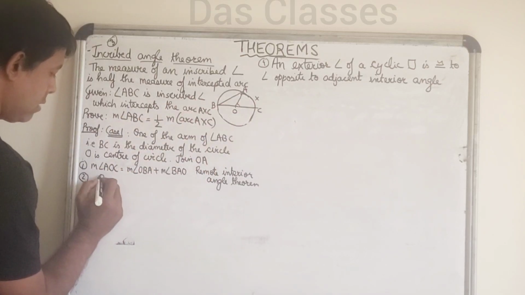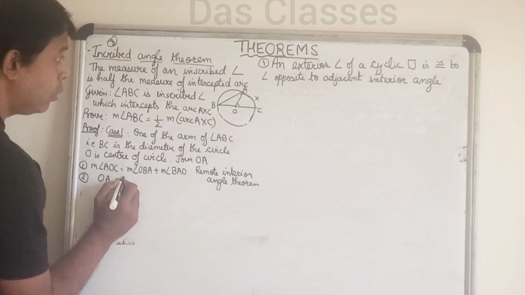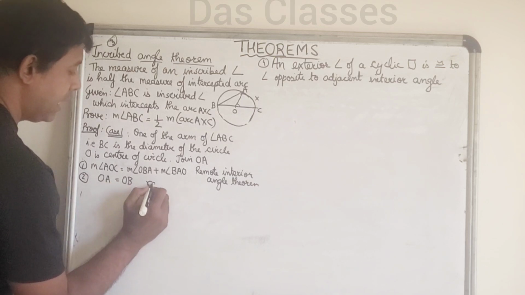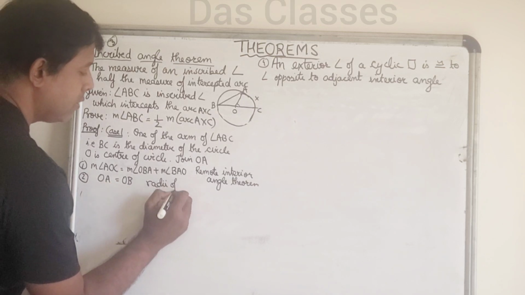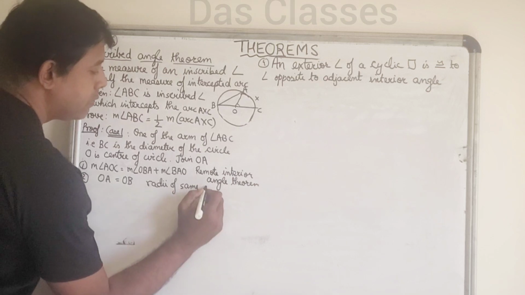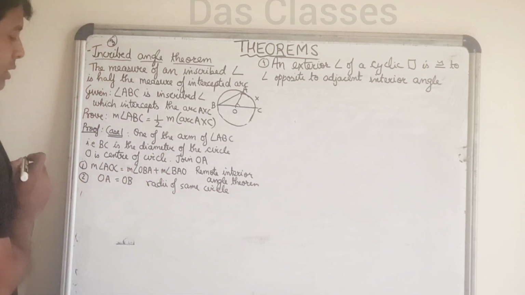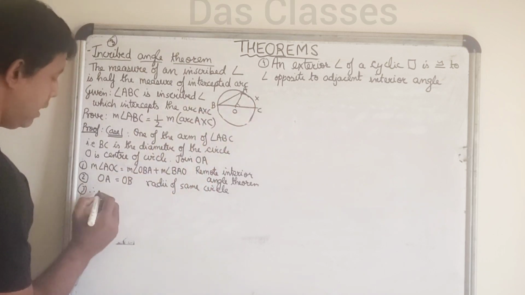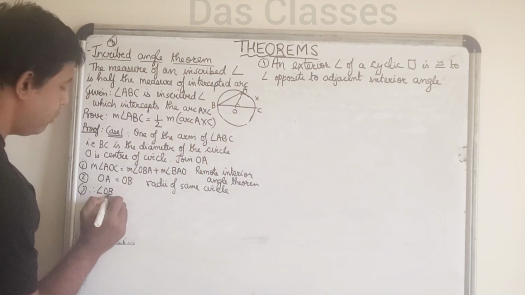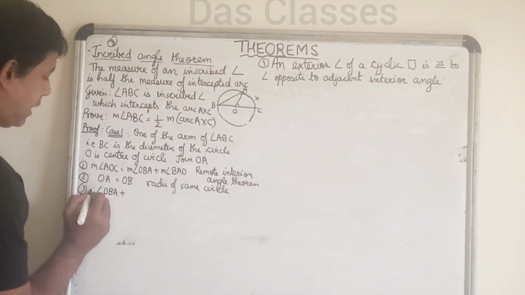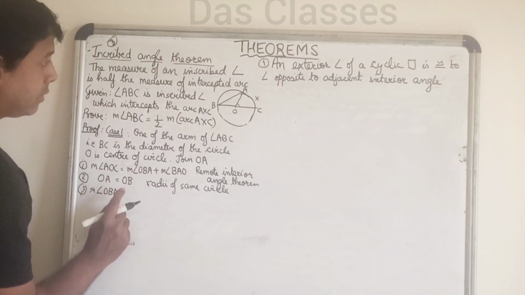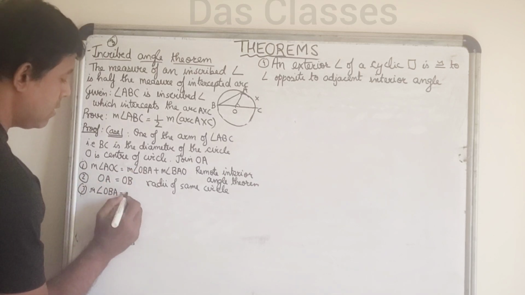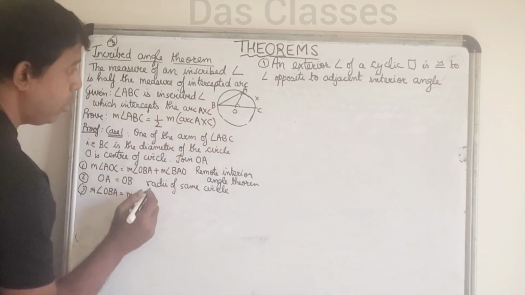Next, second, OA is equal to OB, radii of the same circle. Therefore can I say measure angle OBA will be equal to measure angle BAO?